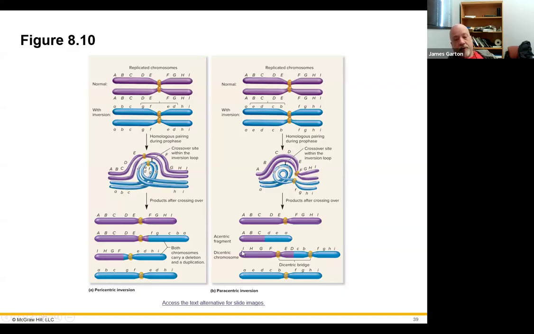And you have this other thing with two centromeres. And what's going to happen is spindle fibers will attach to both centromeres, and that chromosome will be broken when the chromosomes get pulled away from each other.